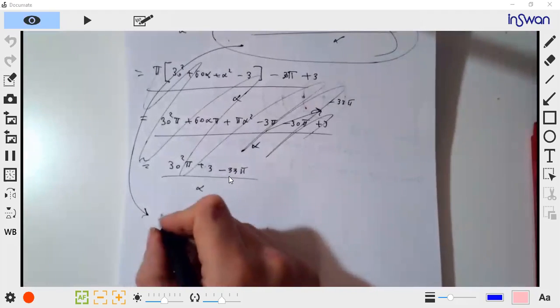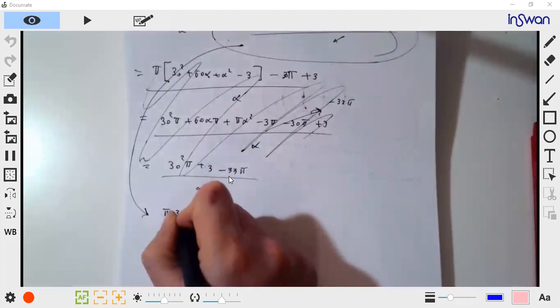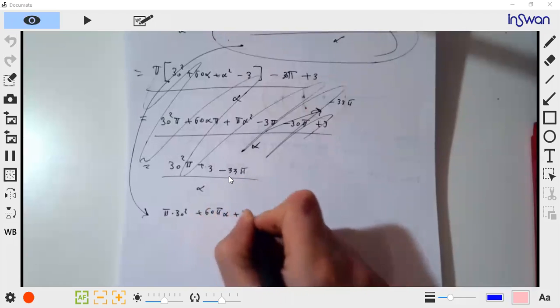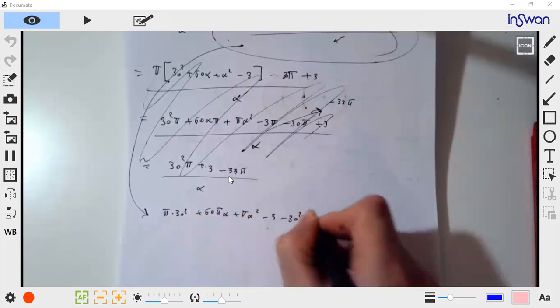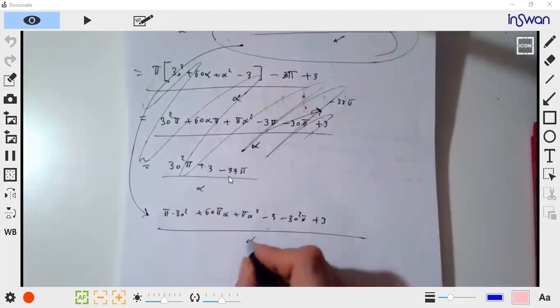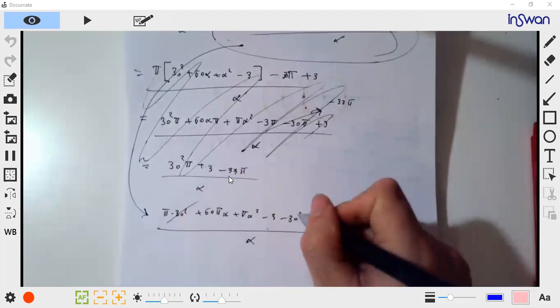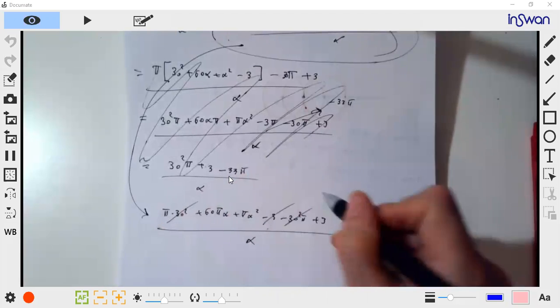So over here, this is going to end up equaling pi times 30 squared plus 60 pi alpha plus pi alpha squared minus 3 minus 30 squared pi plus 3 all over alpha. And quantities can cancel here, and this cancels this.